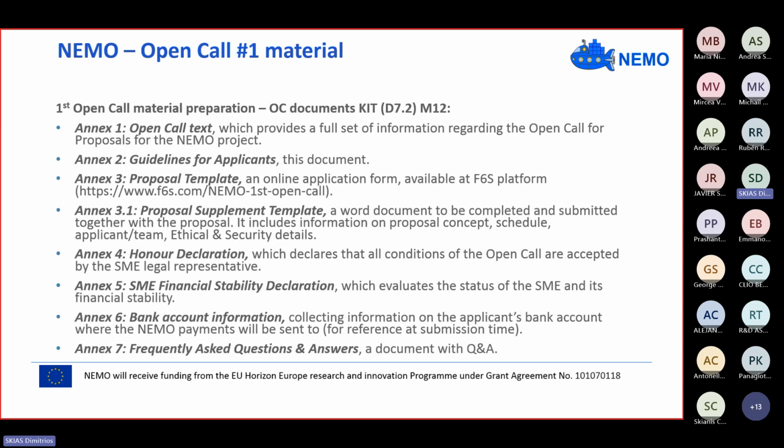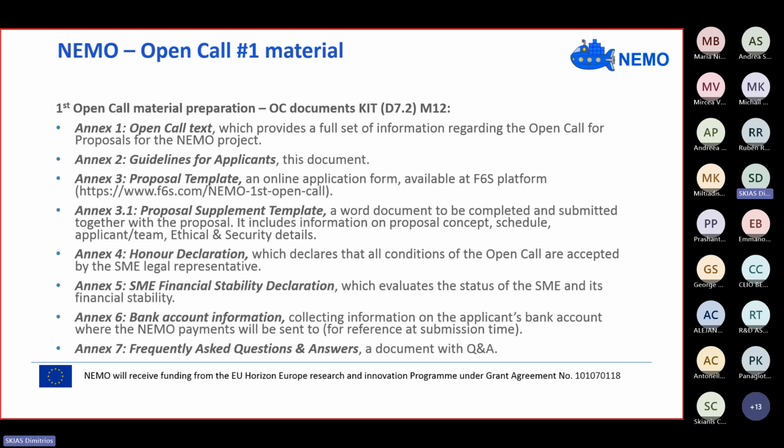Here we have information about the topic of the open call, some guidelines for the applicants for preparing the application, and some additional information on the project technical details and on the evaluation process, etc. We also provide the supplement template that will be used for forming your application, some information about the honor declaration that we also have to prepare while applying for the first open call, the relevant forms for SME financial stability declaration, bank account information templates, and a set of frequently asked questions and answers.